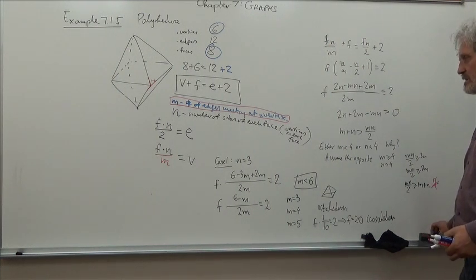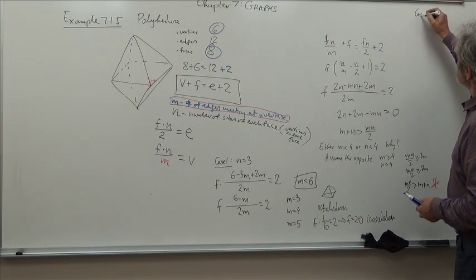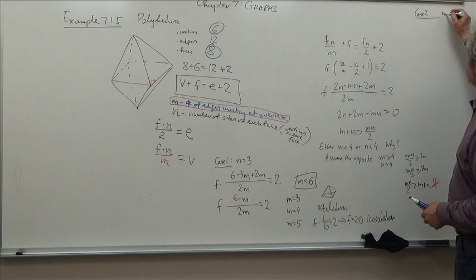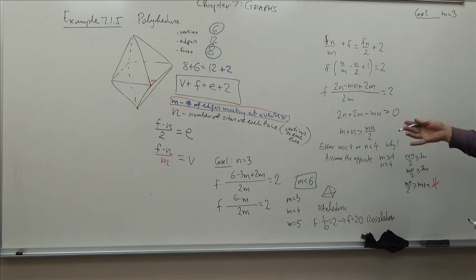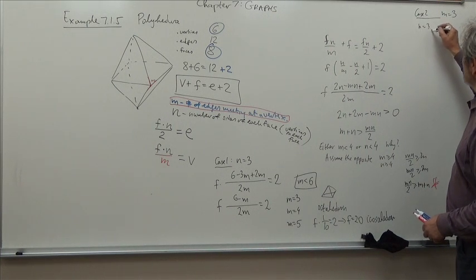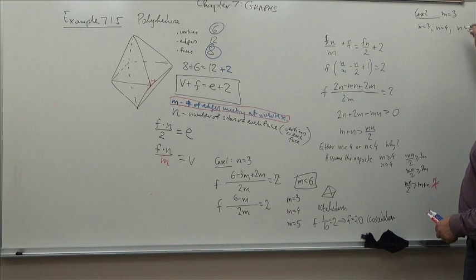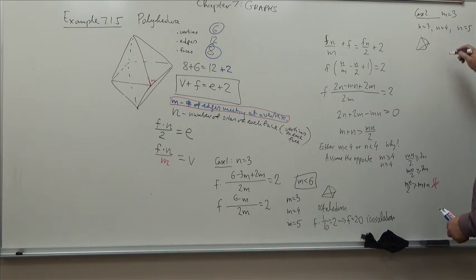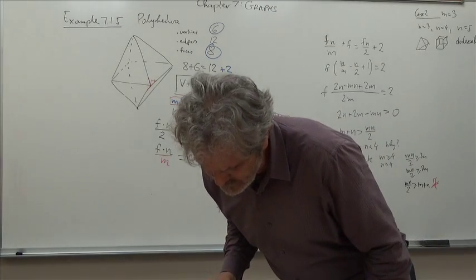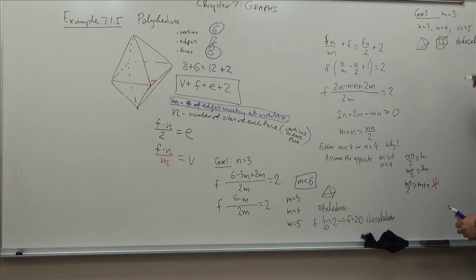So the other case, let me try to squeeze it in here, case 2, if we have that m equals 3, only 3 of them meeting, then in the same way we will get either n equals 3, n equals 4, or n equals 5. n equals 3 is still a pyramid. n equals 4 is a cube, because it has squares, 3 of them meeting, and n equals 5, I'm not going to draw again, this one is called dodecahedron.